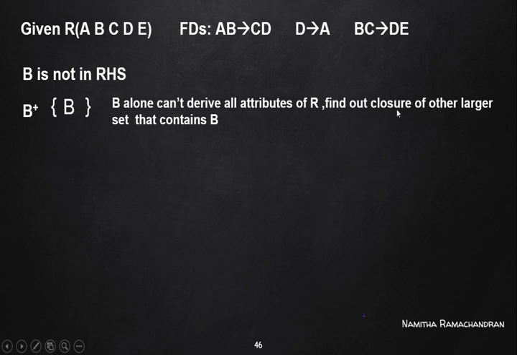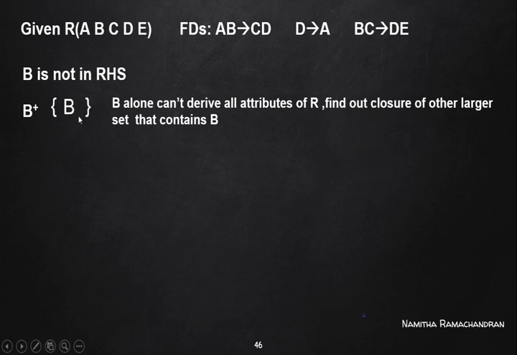Find out the closure of other larger sets that contain B. That means here in the RHS part, B is not present. From this we can conclude that all possible candidate keys of the given relation must contain one attribute, that is B. So first check the closure of B alone. Here the closure contains B alone.